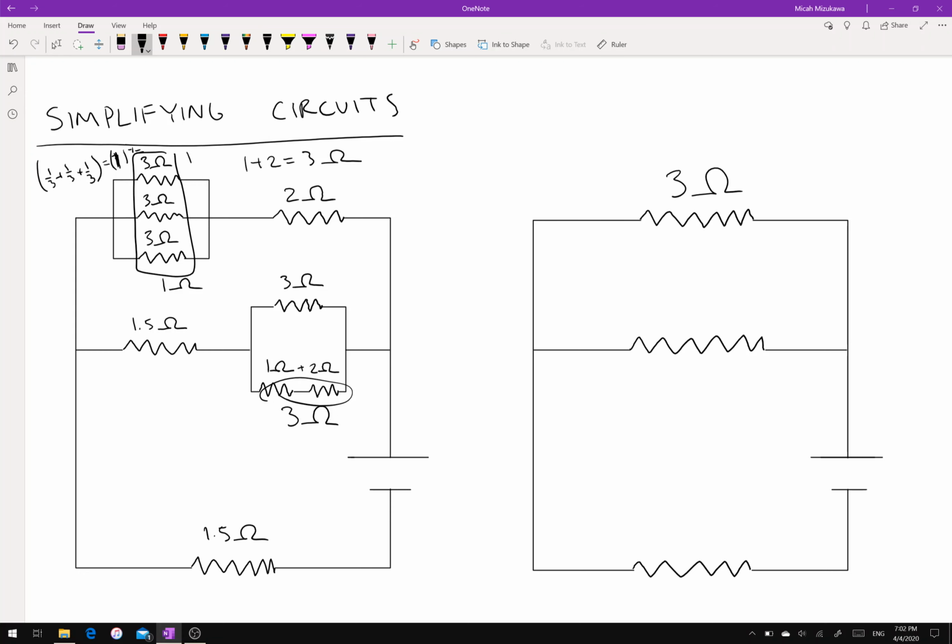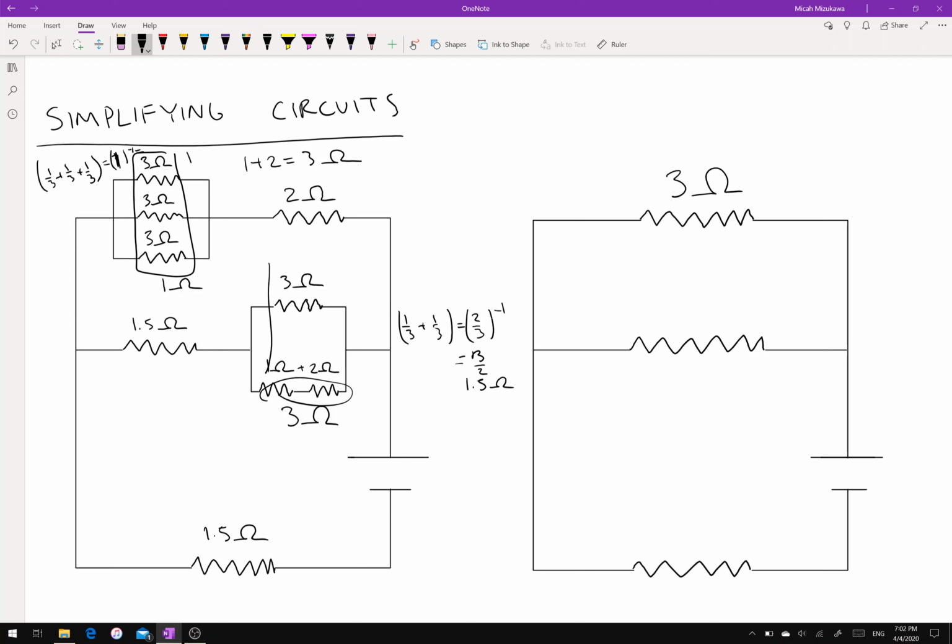But now that we figured that out, the 3 ohm resistors are going to be in parallel, so we're going to have to do 1/3 plus 1/3, which equals 2/3, and then take the inverse, and that is going to be 3/2, or 1.5 ohms.